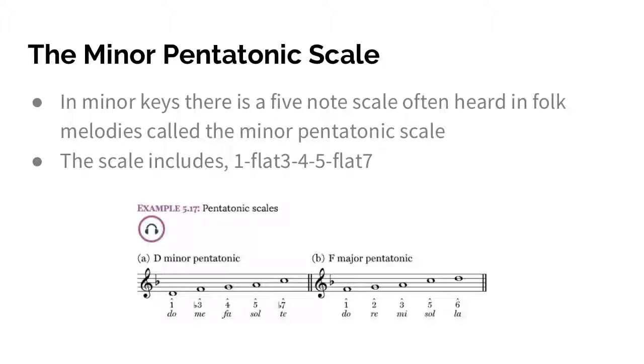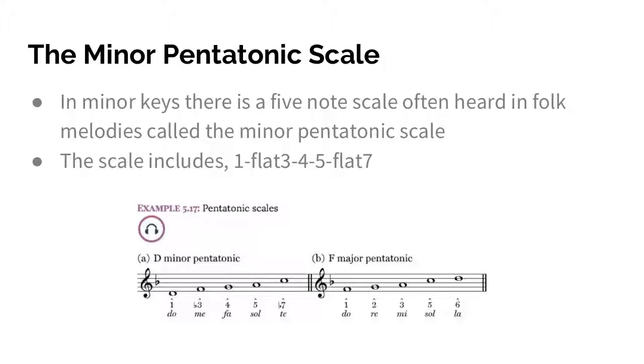All right, let's talk about the minor pentatonic scale. The minor key pentatonic scale is a little different than the major key pentatonic scale because it uses scale degrees 1, 3, 4, 5, and flat 7 instead of 1, 2, 3, 5, 6.